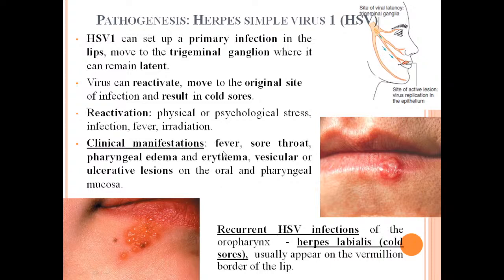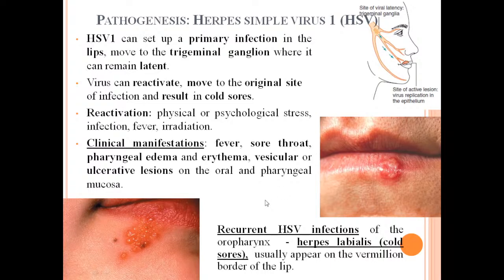But some patients also have fever, sore throat, pharyngeal edema, and erythema or redness. Erythema is redness, and vesicular or ulcerative lesions on the oral and pharyngeal mucosa. Such lesions occur in the mouth, on the mucosal membrane of the pharynx or mouth.